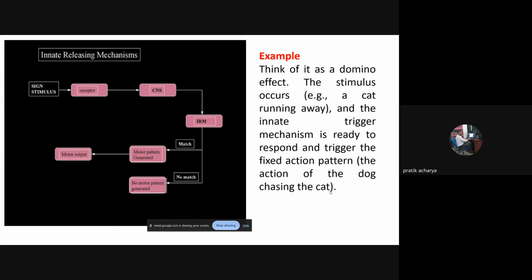From that facial expression, the cat understands that there is fear, there is a predatory attack, or there would be some kind of danger from the dog, and it starts running away from the dog. So this is the fixed pattern performed by the dog, and the cat starts running away to protect itself from the predatory effect. So this is all about the innate releasing mechanism.